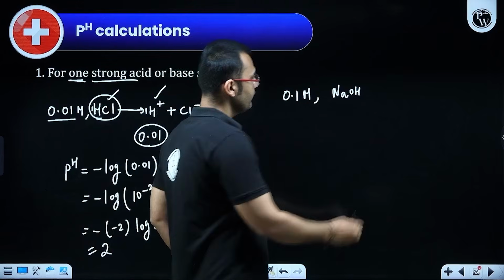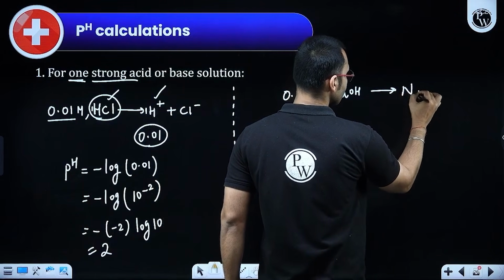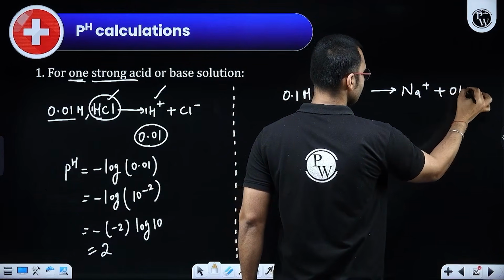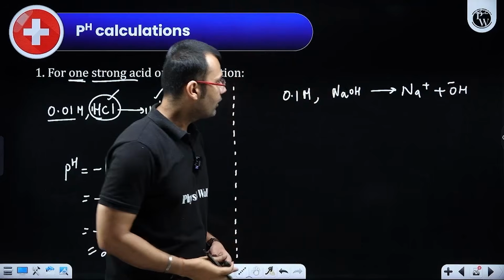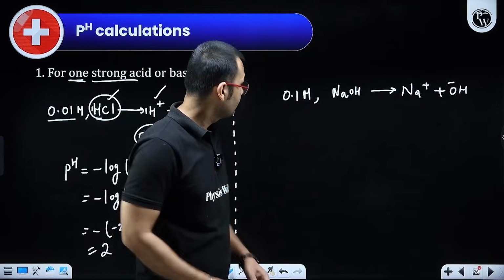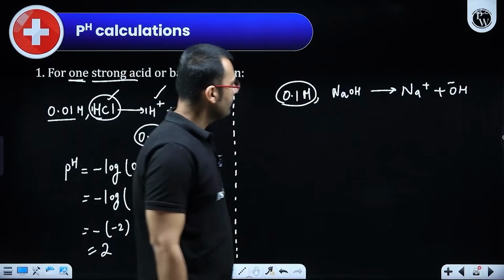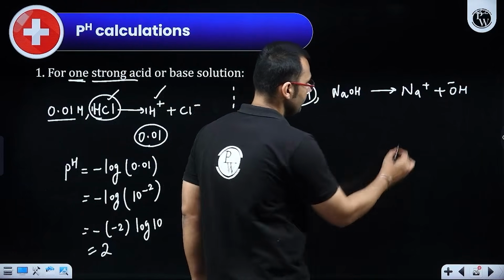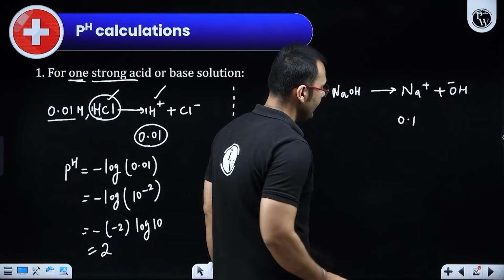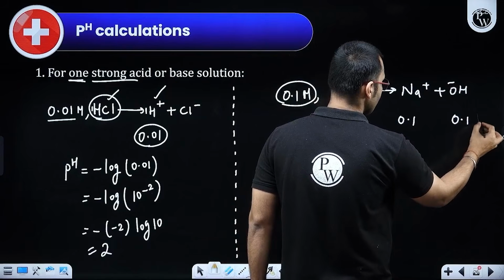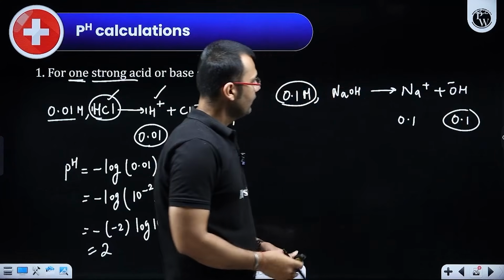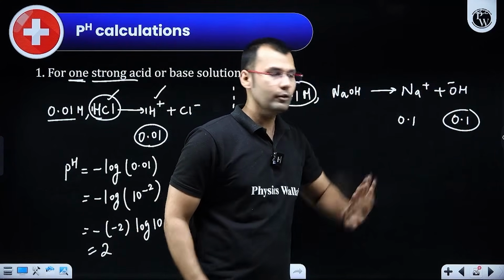NaOH will decompose completely into Na+ and OH minus, and because it is a strong base, the whole 0.1 molar will ionize. It will give 0.1 molar of Na+ and 0.1 molar of OH minus. So here we got the concentration of OH minus as 0.1.